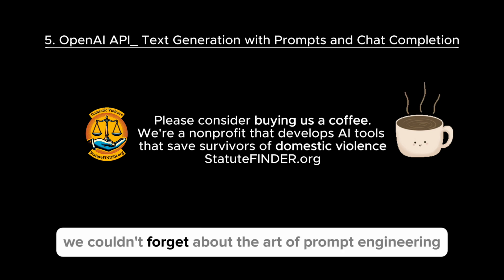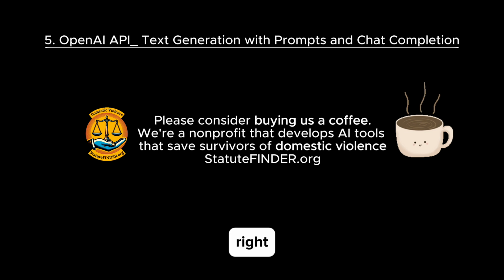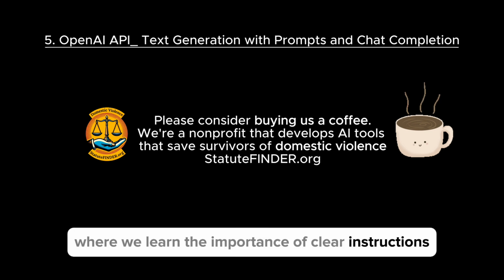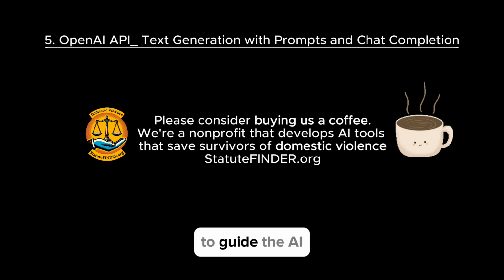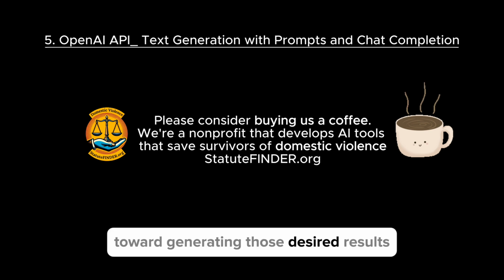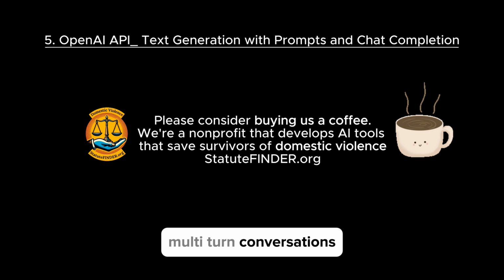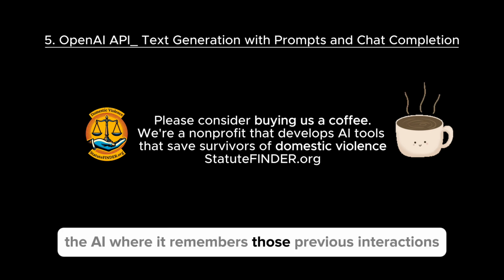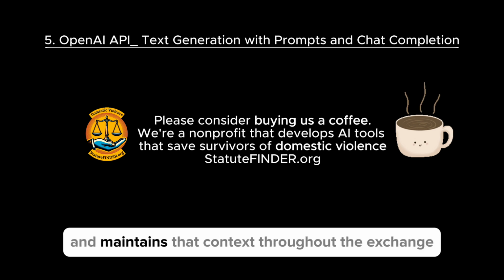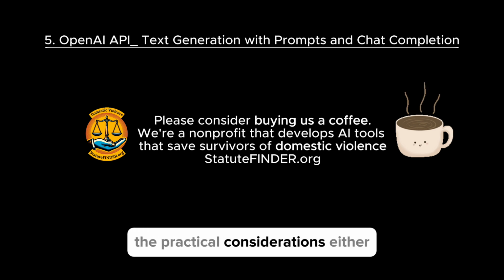And of course, we couldn't forget about the art of prompt engineering. Right. Where we learned the importance of clear instructions, relevant examples, and providing enough context to guide the AI toward generating those desired results. And we uncovered the power of multi-turn conversations, enabling us to have dynamic interactions with the AI where it remembers previous interactions and maintains context throughout the exchange. But we didn't shy away from the practical considerations either.